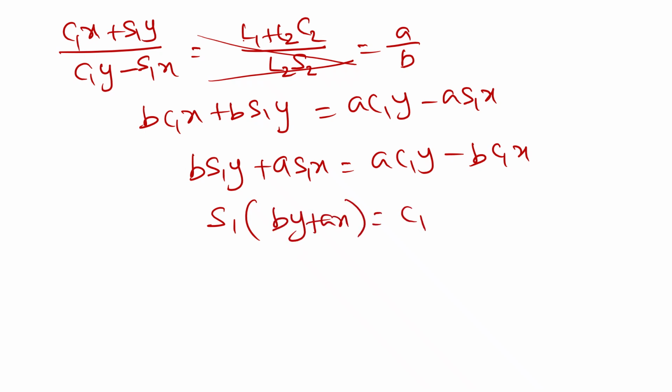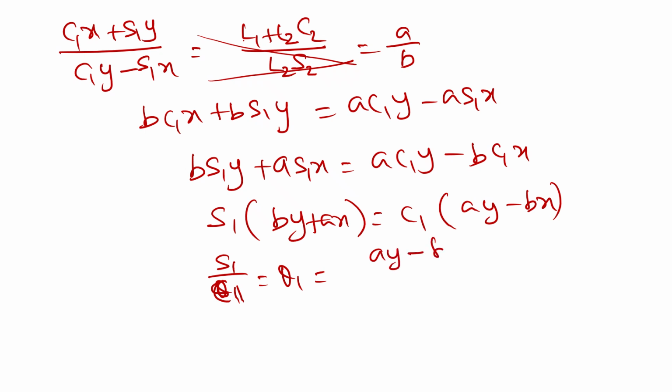Then take C1 outside, so you have Ay minus Bx. So S1 over C1, equal to tan theta 1, is equivalent to Ay minus Bx divided by By plus Ax.